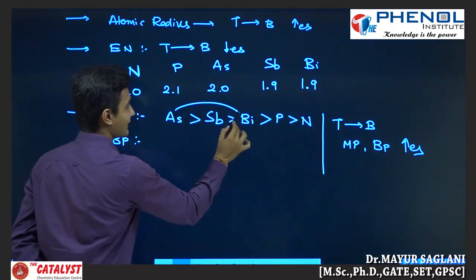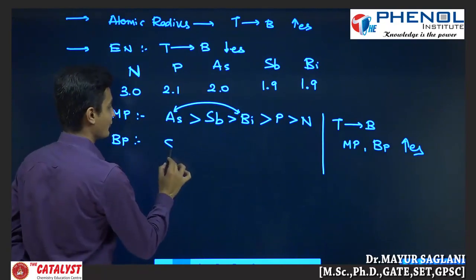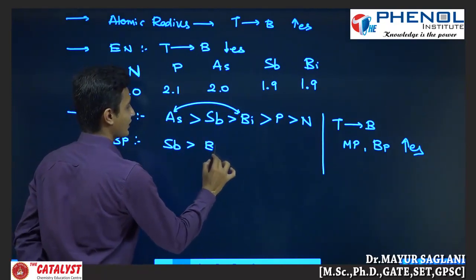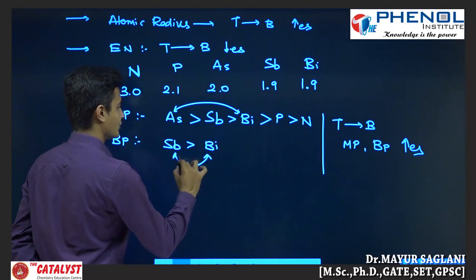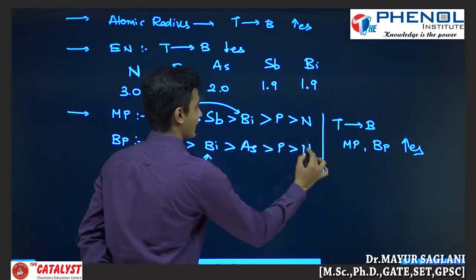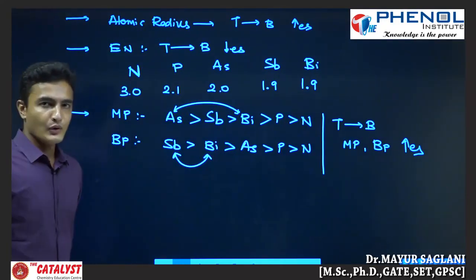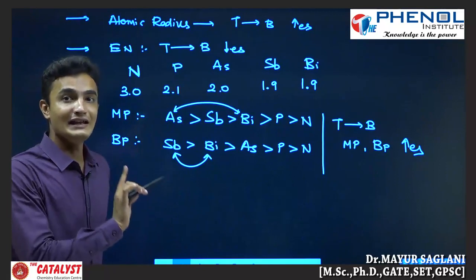But here arsenic and bismuth have changed their position, and likewise in the boiling point antimony and bismuth have changed their position, and otherwise the order is regular. So these are the orders for the boiling point and melting point of the elements.